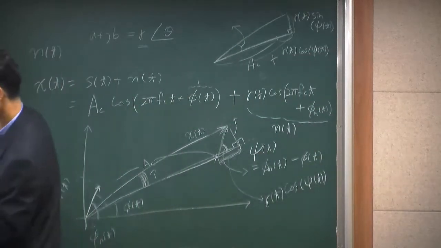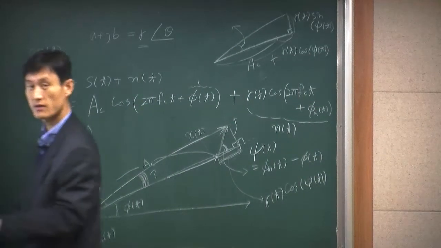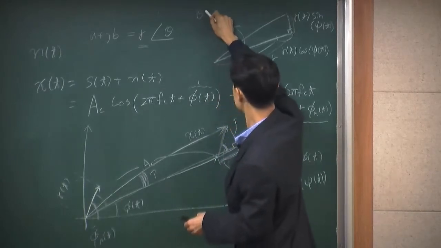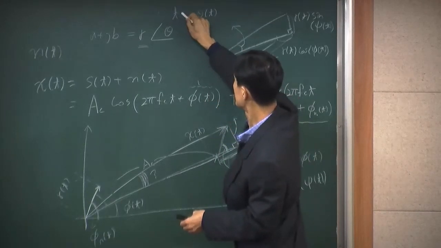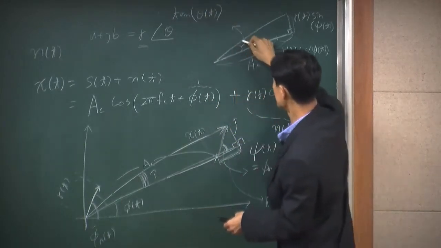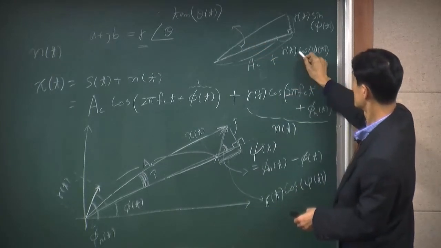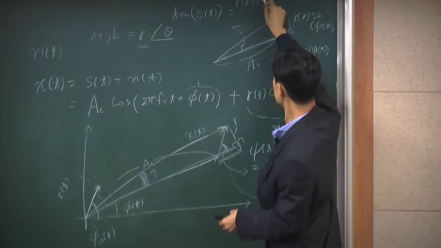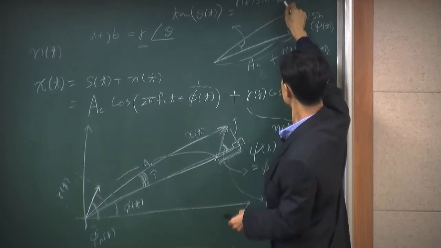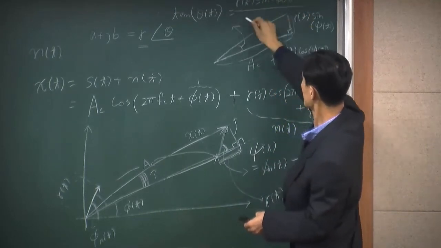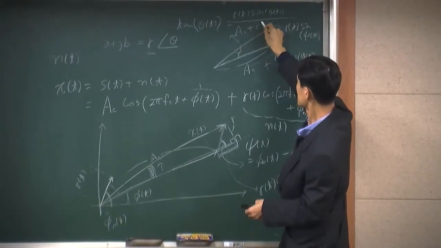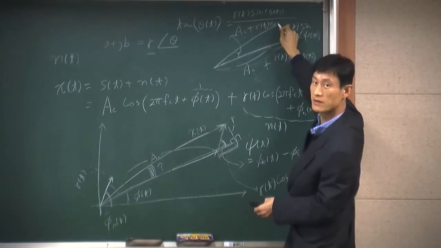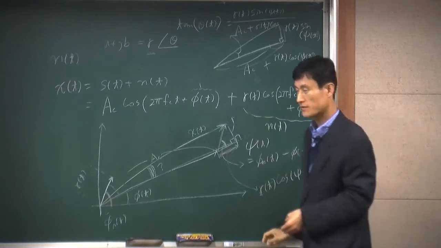We can call this angle theta. Then tangent theta t is going to be this over this, so that's RT sine psi t divided by AC plus RT cosine psi t.